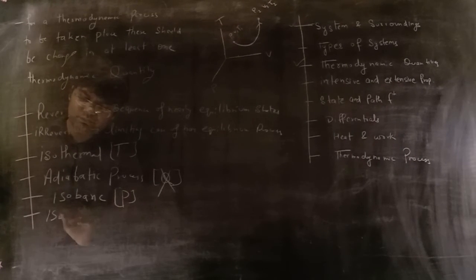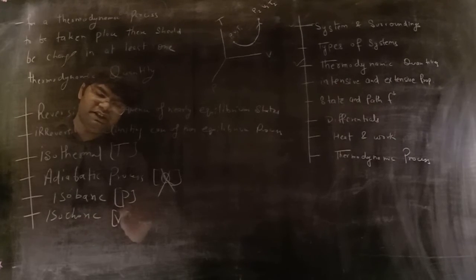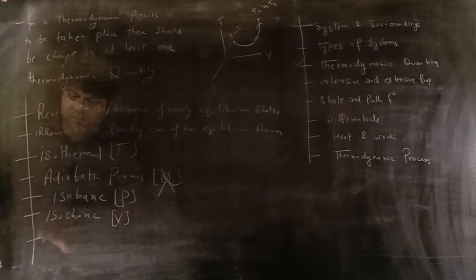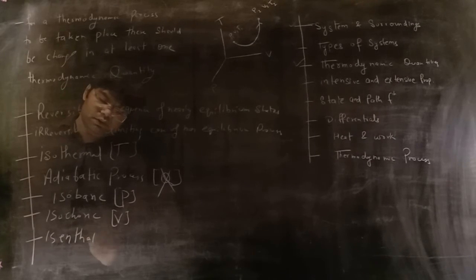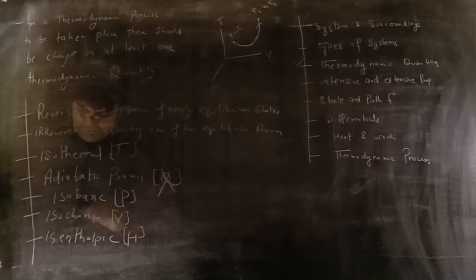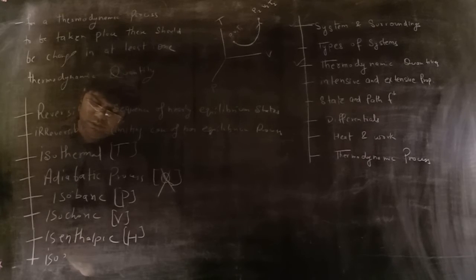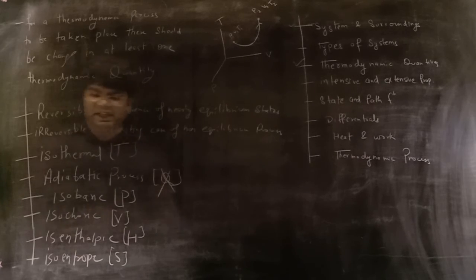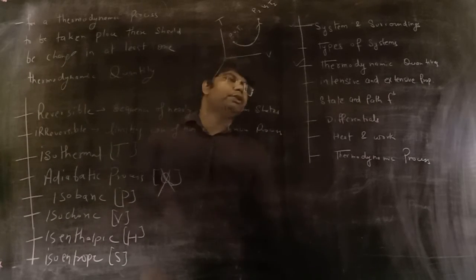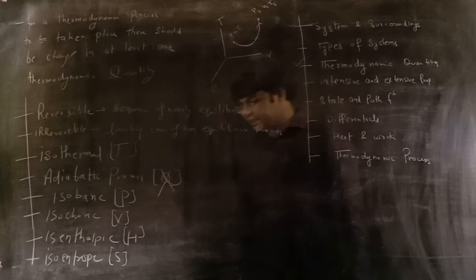Isochoric: volume constant. Isoenthalpic: enthalpy constant. Isentropic: entropy constant, meaning no change in entropy. So these are the types of processes.